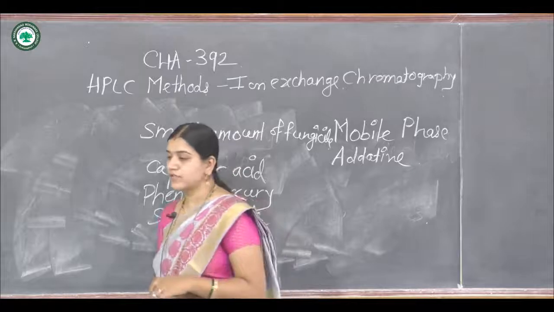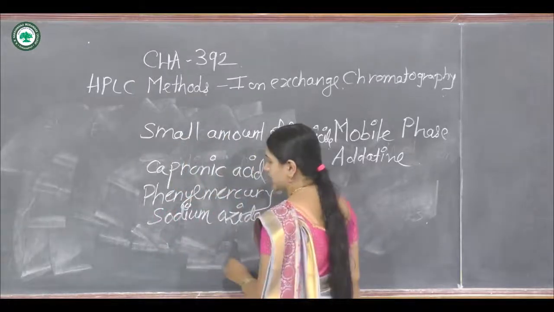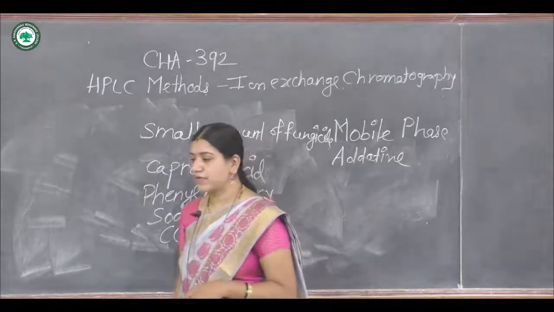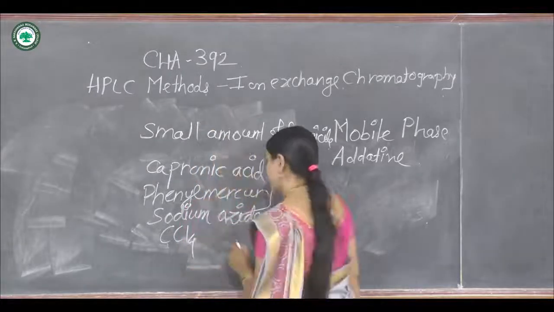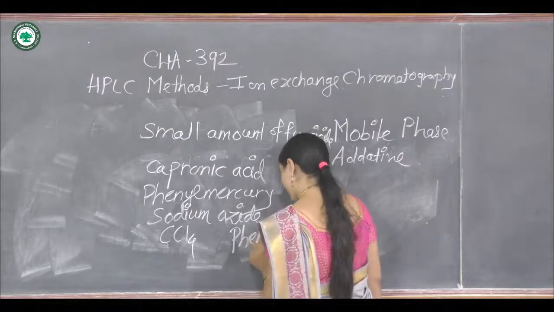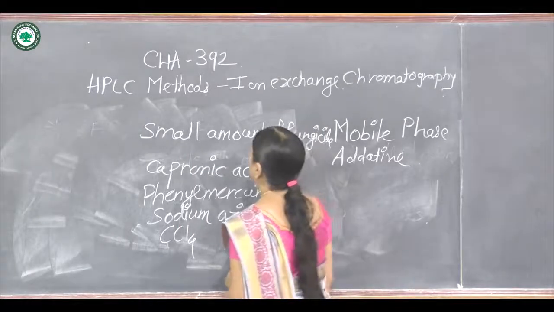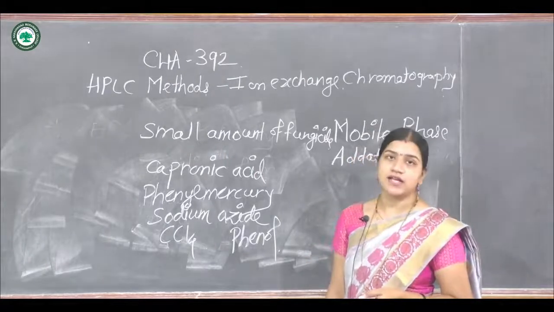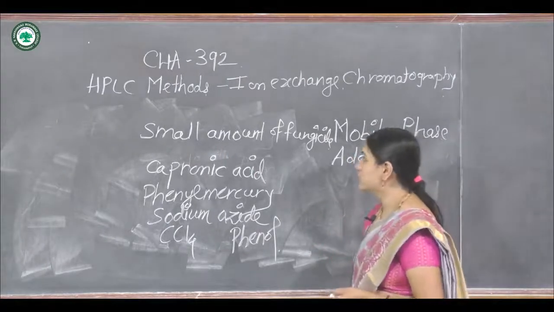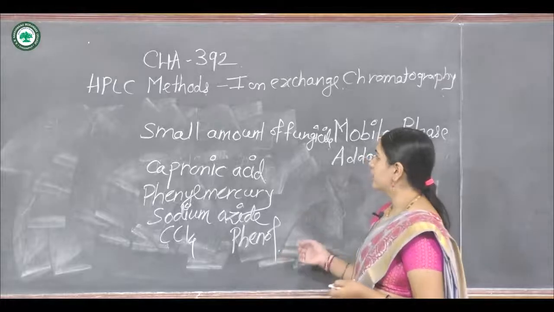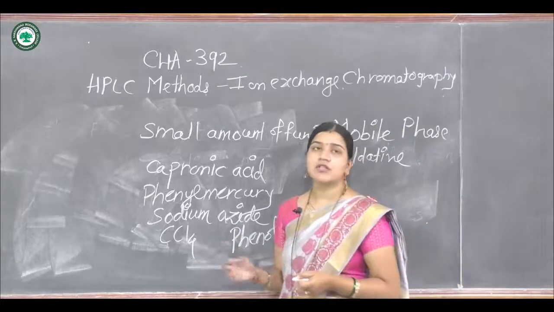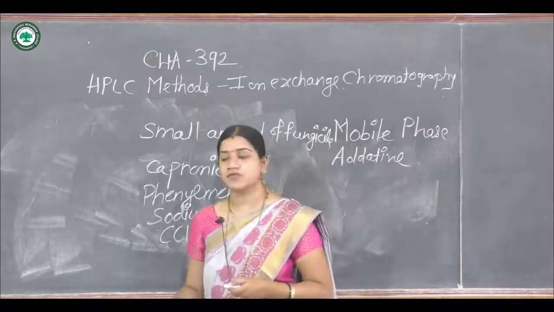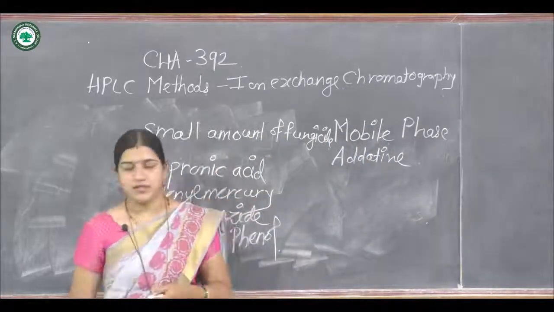Now after sodium azide, the next one is carbon tetrachloride. Along with carbon tetrachloride, one more important one is phenol. So these are the different fungicides which can be used for prevention of the attack of fungus or bacteria in ion exchange chromatography.